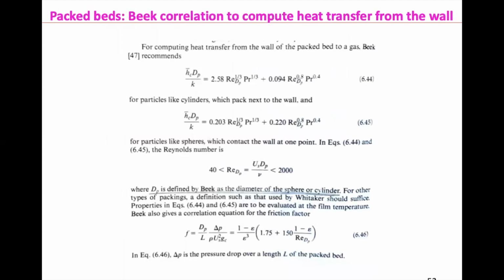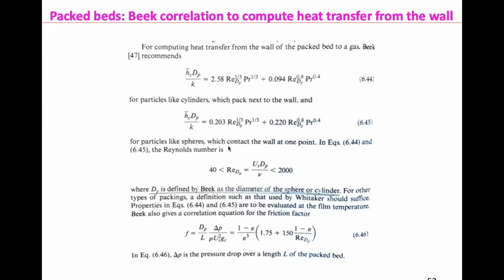The third correlation important for packed beds is the Beek correlation. It helps us compute heat transfer from the wall of the packed bed to the gas. This would be our equation that we will use to get hc, the convective heat transfer coefficient. For particles like cylinders which pack next to the wall, we use this one.